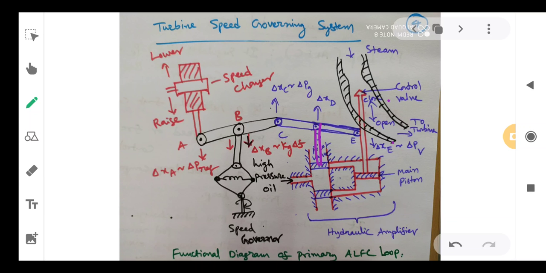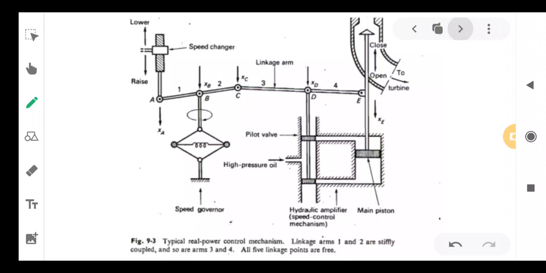The hydraulic amplifier is nothing but an ordinary amplifier, like our power amplifier. It amplifies the fluid signals. The same thing is illustrated here also with the printed figure.